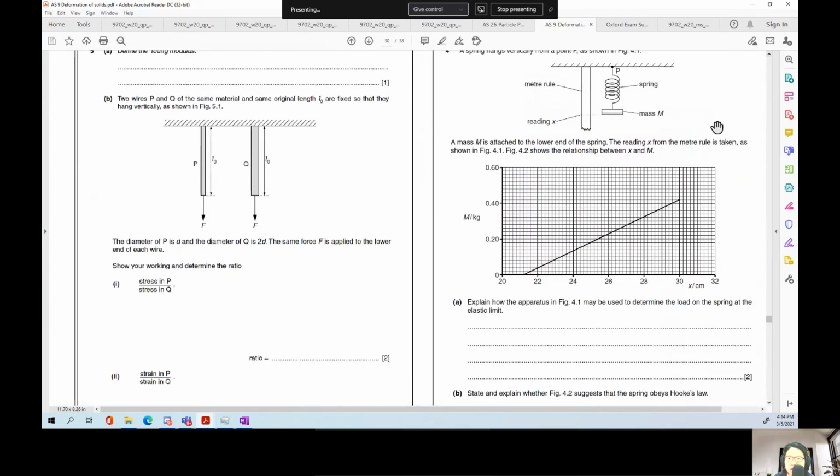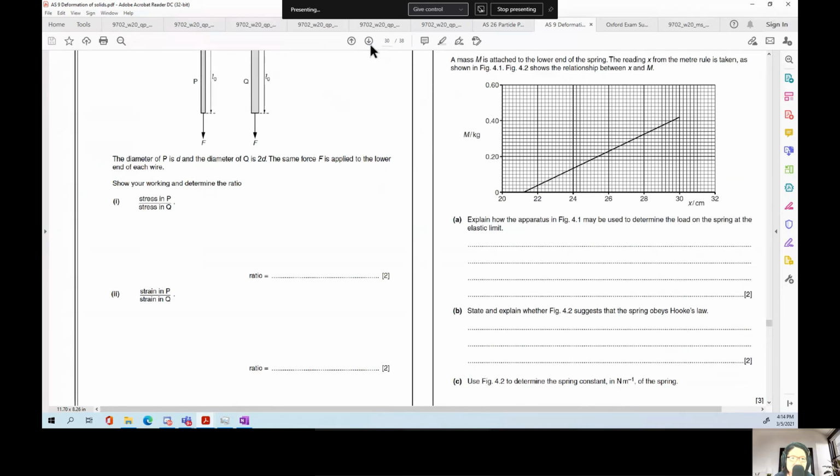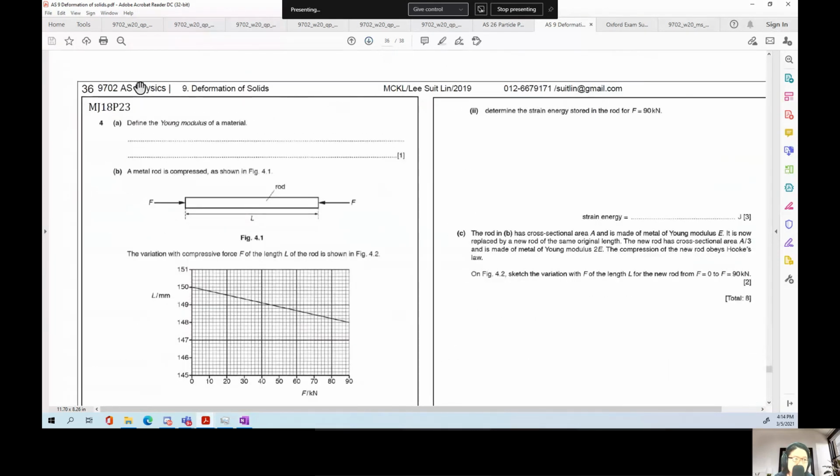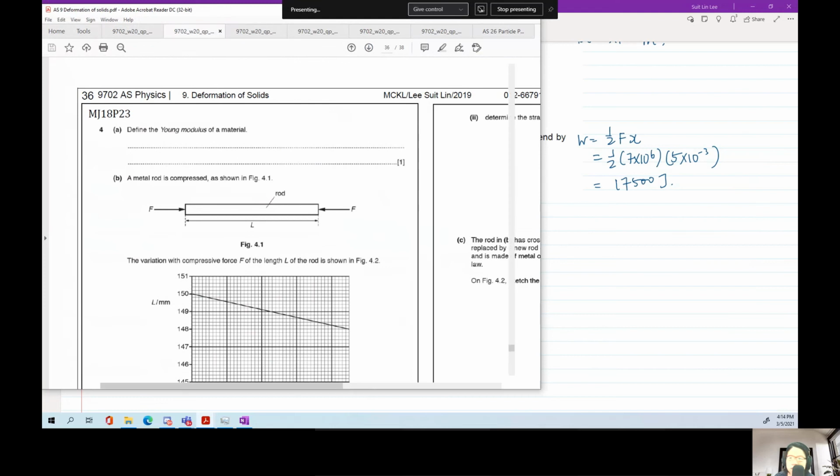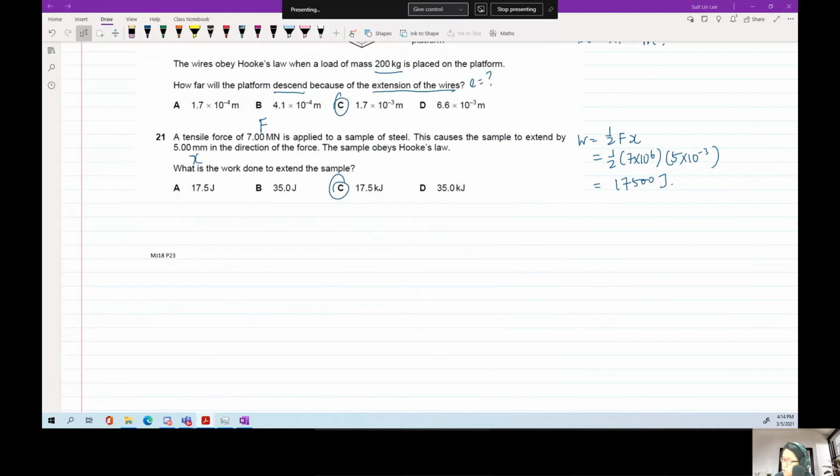All like that one. Okay, so I will do the slightly anomalous looking graph, which is, I think, from May/June 18, paper 2-3. Hopefully my compilation is correct. But let me check.